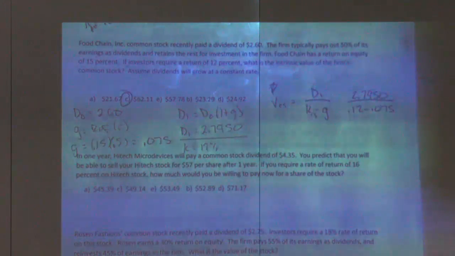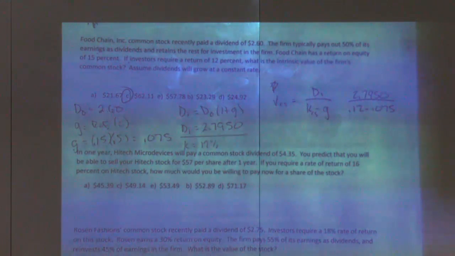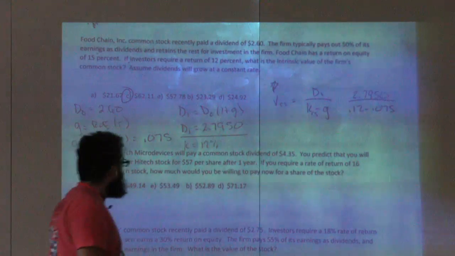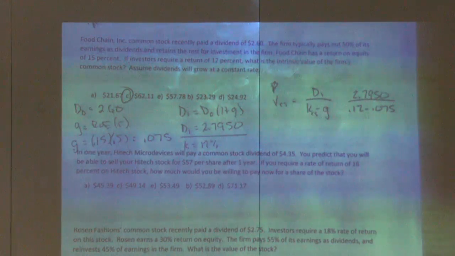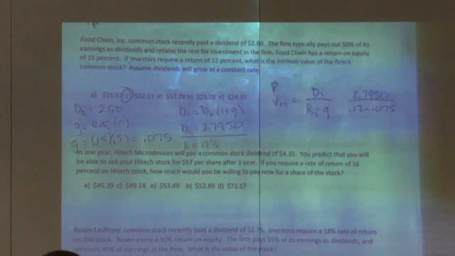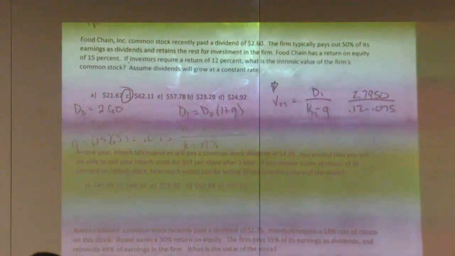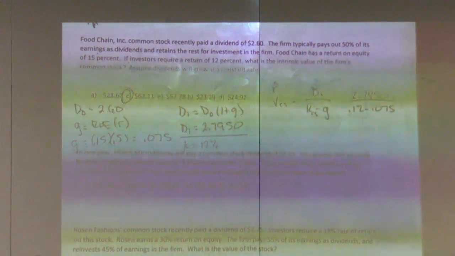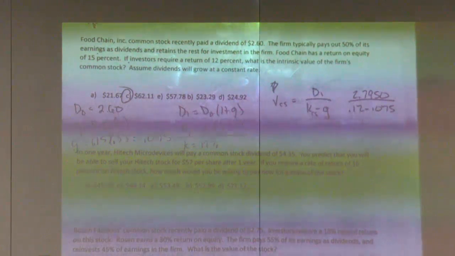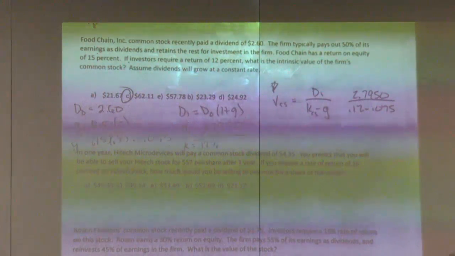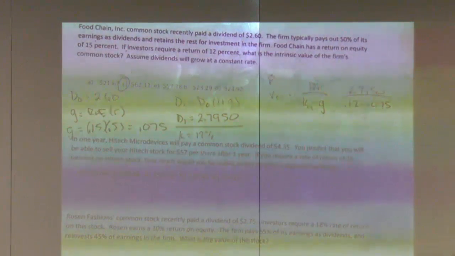Is there a light on that thing? I'm not sure. Let me see if I can turn on these lights. Cool. Can you guys still see the board? Is there a light on here?